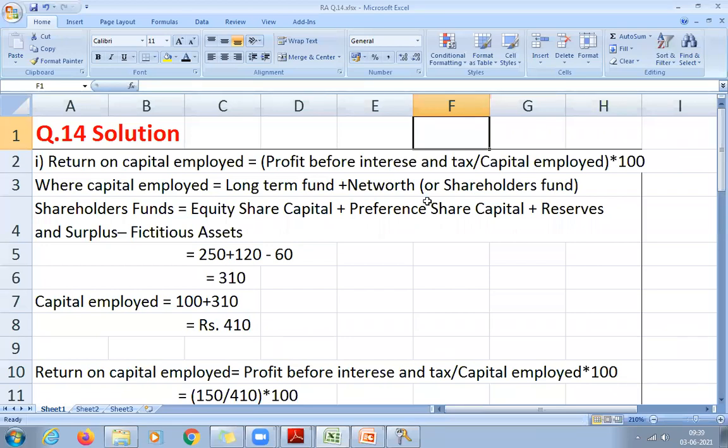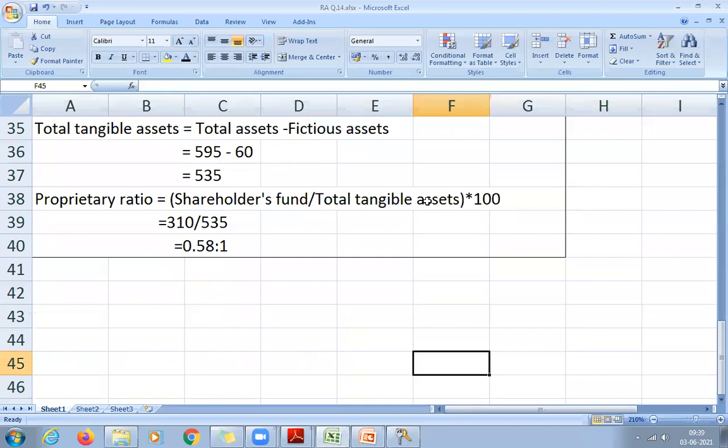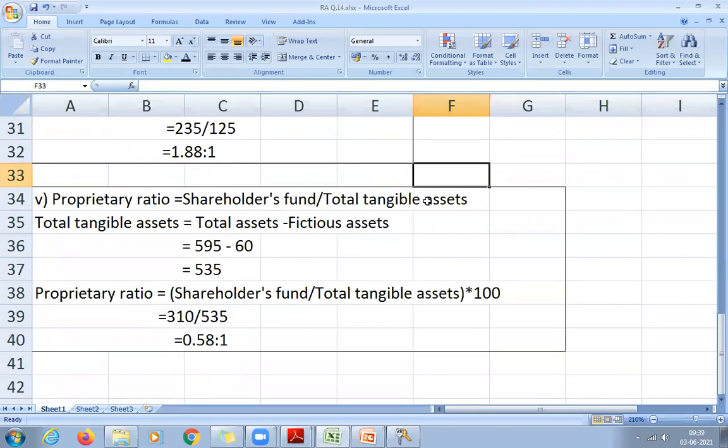Sir, please explain again why we subtracted fictitious assets. The last one, sir, the proprietary ratio. Yeah, actually the formula says we should take only tangible assets. That means we have to exclude intangible assets and fictitious assets.